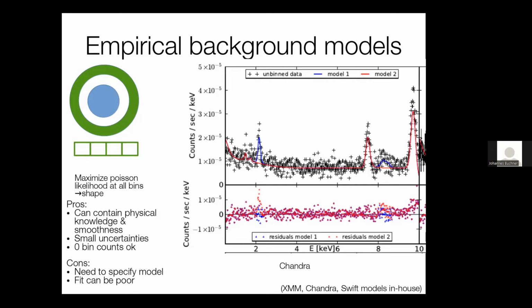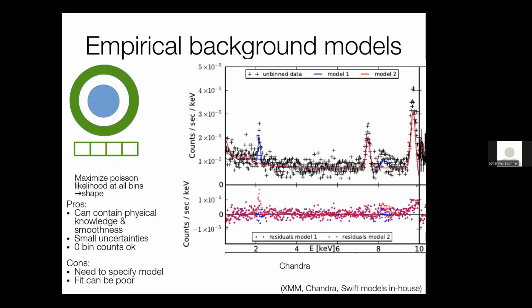And you don't have a problem if you have 0 counts in one channel, because Poisson statistics takes care of that and the neighboring information. The drawback of this approach is you need to specify some model. It takes a little development time, and minimizers can do weird things, so they might go wrong, and you have to have a look at it.